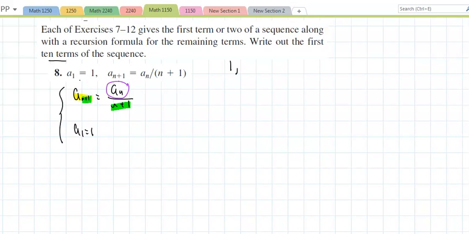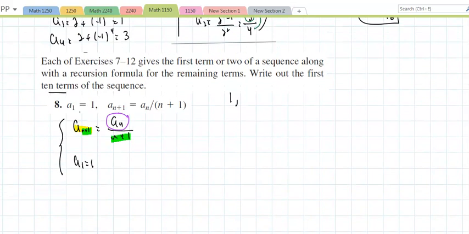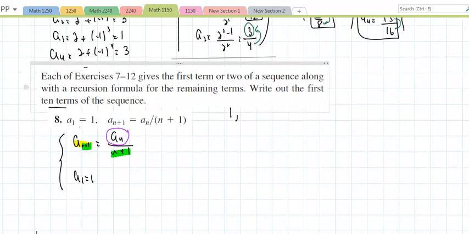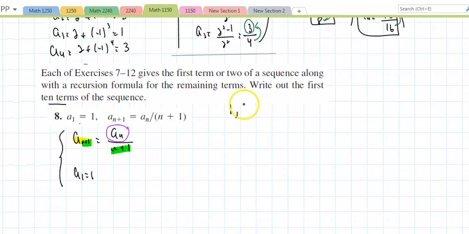So, for this to work, I need the first term. Just like here when I said if you add those, well, for this to work, you need the first term. If I don't tell you what the first term is, how are you going to know what to add? So that wouldn't work. So, in this case, the first term is a 1.